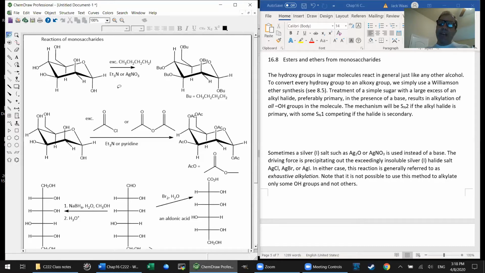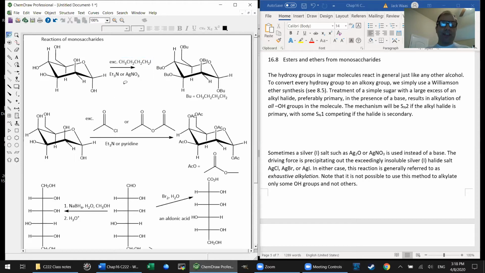I would be afraid, though, to try something too much stronger, as I would be afraid of doing an elimination and winding up with butene, 1-butene. Another alternative that works really well is to use a silver(I) salt, like silver(I) nitrate or silver(I) oxide. That encourages the iodide ion to leave in the SN2 reaction because the resulting product is a silver(I) halide salt.